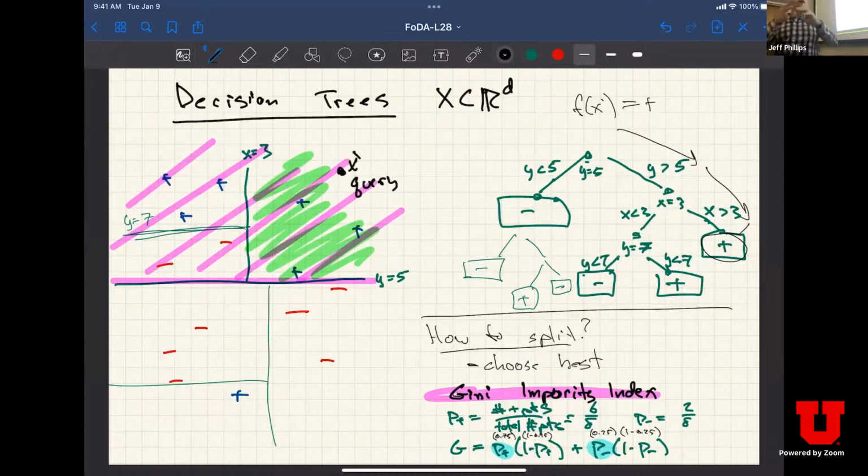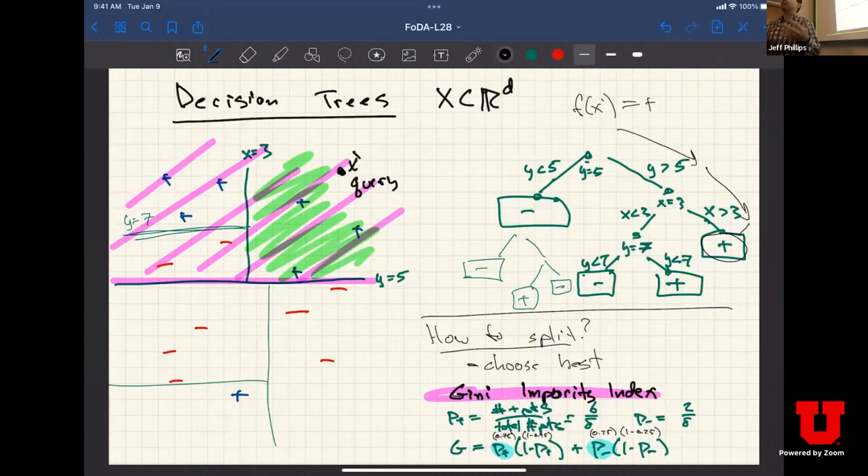If it's very pure, meaning it's all plus points, then P plus is going to be 1, and 1 minus P plus is 0, so I get 0 probability misclassified. The probability I pick a minus point is 0, so the second term is also 0, and the Gini index is 0.